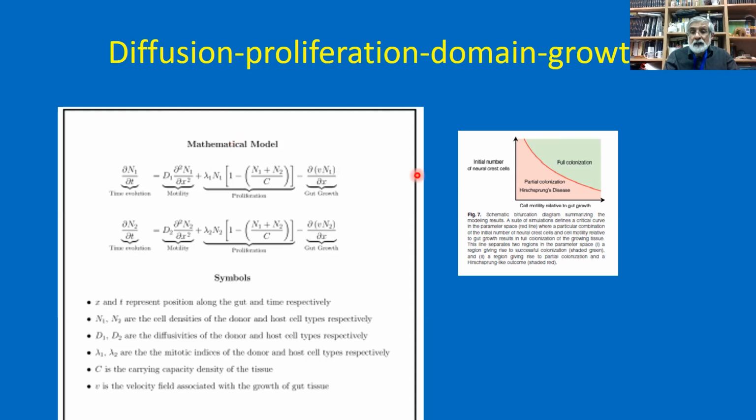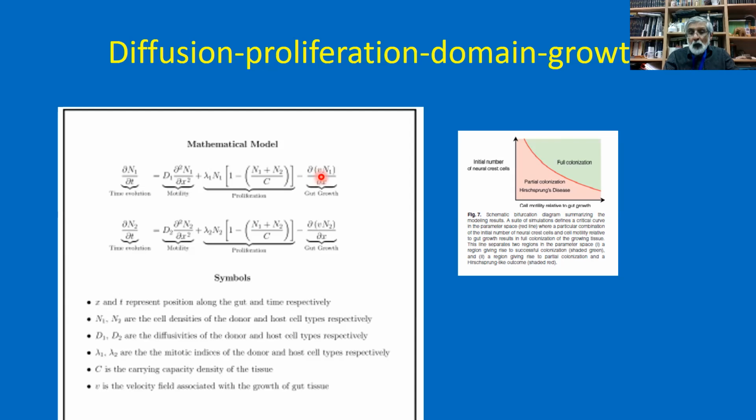They looked at what would happen if you did implants between quail and chick, so you would have two different cell types, N1 and N2. Here's the diffusion. Here essentially is the proliferation, generalized now because you've got N1 plus N2 instead of just N1. This term arises because you're modeling a growing domain where V is velocity.